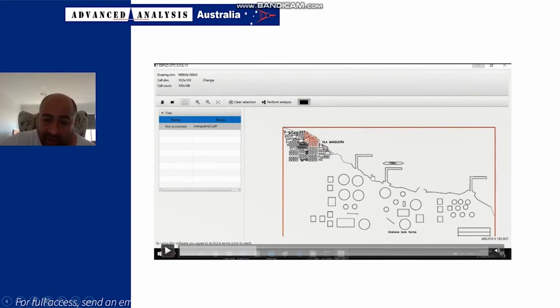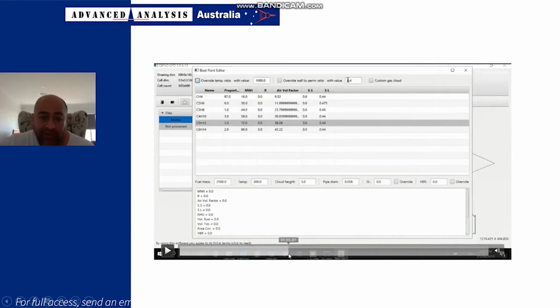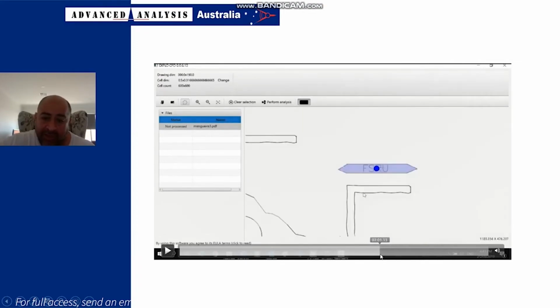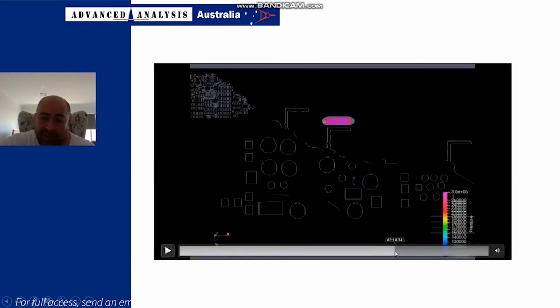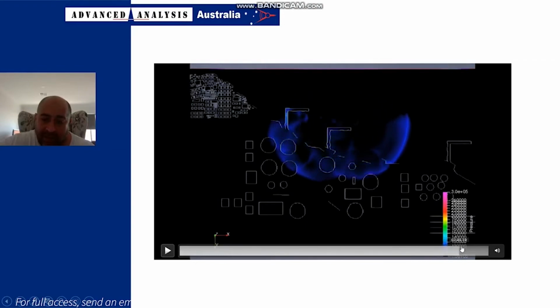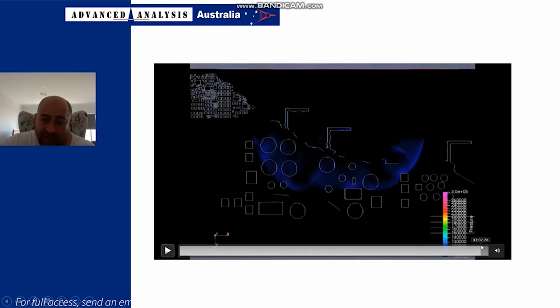You don't want that to be treated like a wall, so you can easily deselect it, and it goes purple or gray in the software. And you set up the parameters, which is very easy to do for the gas explosion or the BLEVE or the TNT explosion. You set up the gas cloud, and when it's done, it outputs the shock wave, the explosion that's coming out from the vessel.